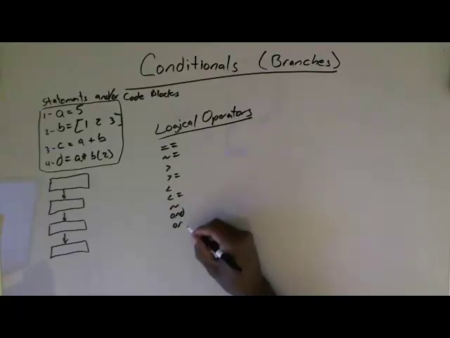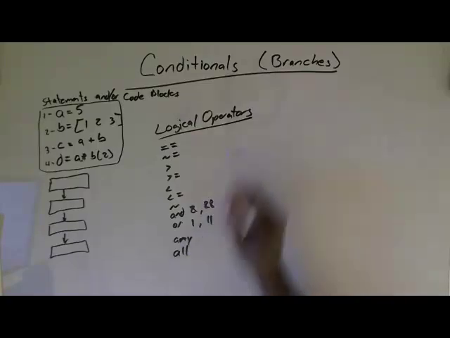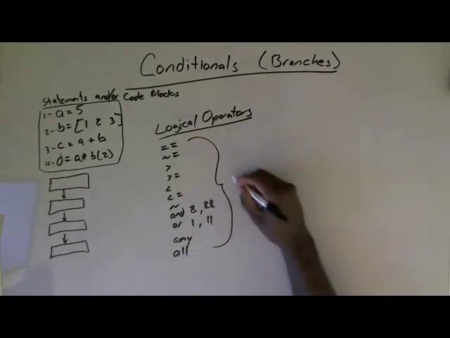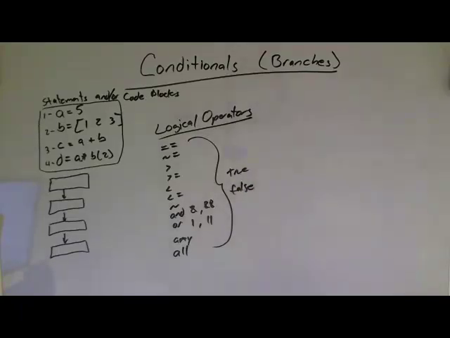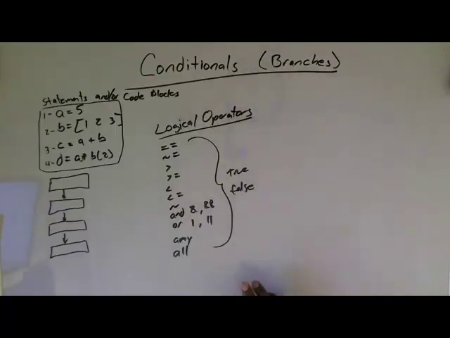We can do ors, which look like this, or this if we do short circuiting. We can do innies and alls. All of these return a true or a false. And so what conditionals do is we can determine which blocks of code we execute based on some logical test. That's what conditionals are about.